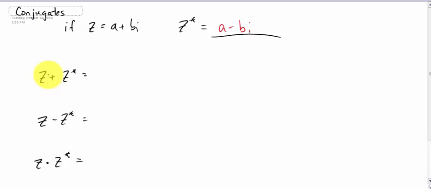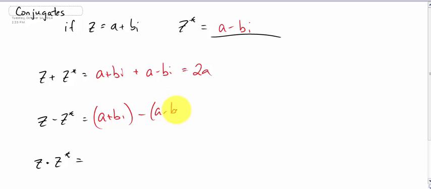So what's z plus the conjugate? A plus bi plus a minus bi, that's going to be equal to 2a. How about z minus the conjugate? That's going to be 2bi. What if we multiply the conjugates together?